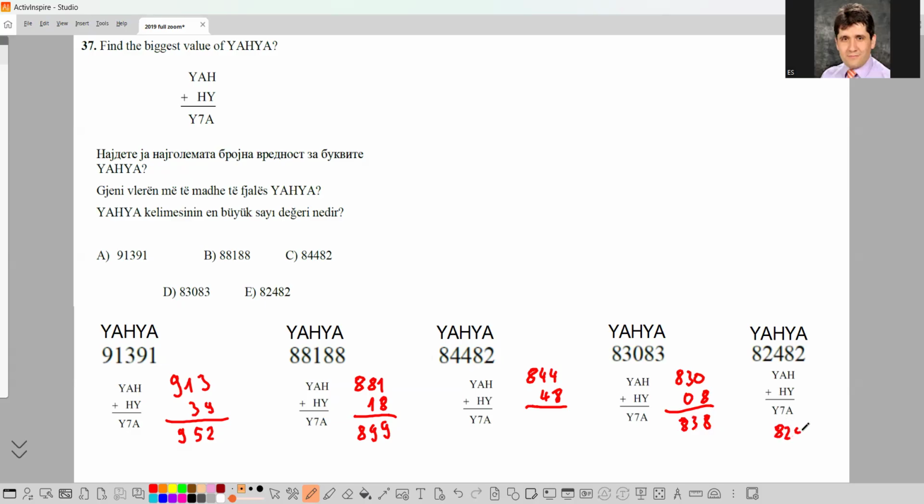You get 82448. Now 4 and 8, that's 12, carry 1, 1 and 2 and 4, that's 7 and 8. So actually y corresponds to 8 and a corresponds to 2. So this is the number that works: 82482.